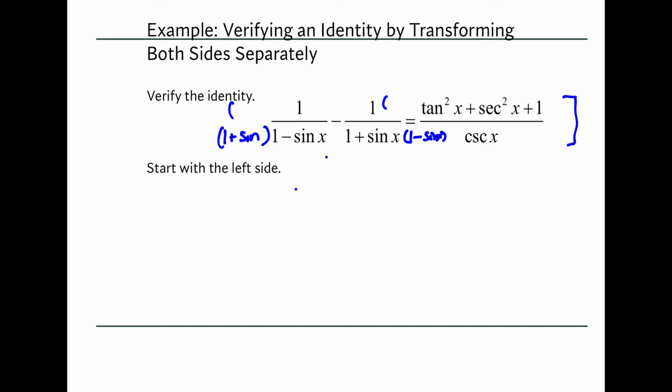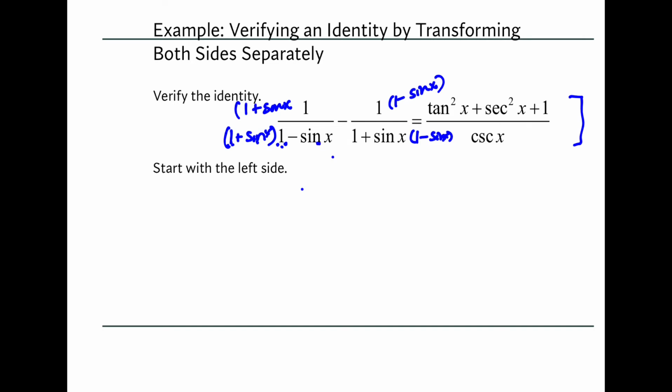I have to do the same thing on top and bottom, because this is the product of two things that are a sum and a difference. So the same things being added and being subtracted, being multiplied. The multiplication of a sum and a difference of two things that are the same. And that's what we have here.